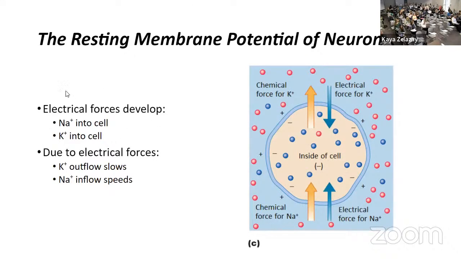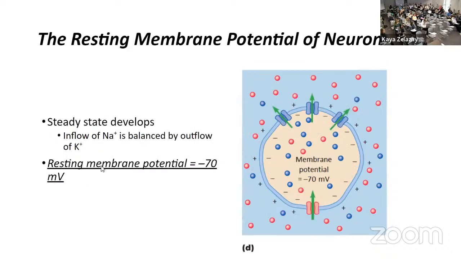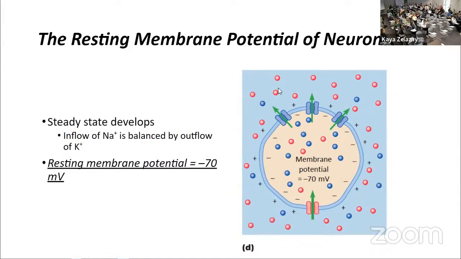Our electrical forces then develop. Then we change the speed of the flow, but they're all in the same direction. So this is just reiterating stuff that we've already covered. Okay. And eventually we reach a steady state where the inflow of sodium is balanced by the outflow of potassium. This happens at -70. So that's where we will leave off.